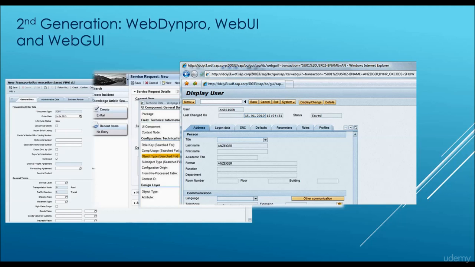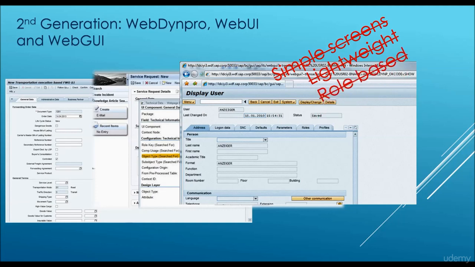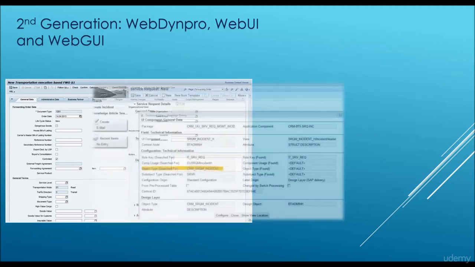The functionalities or the capabilities of the screen were more and more important. So this approach resulted in a general perception that SAP sucks when it comes to the UI. By late 2009, SAP decided to change this perception. And this is about the previous screens: not simple, not lightweight, not role based, and not responsive.